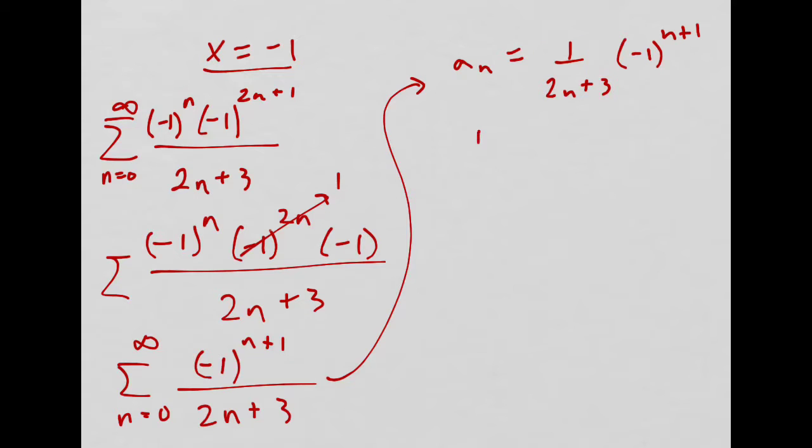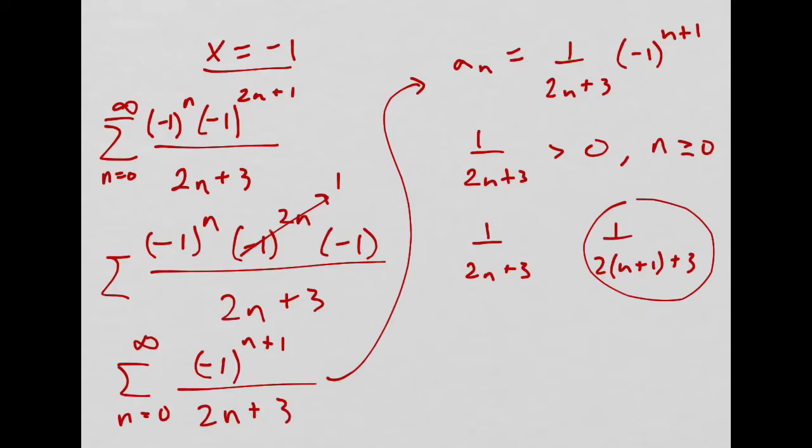And then we can say 1 over 2n plus 3 is positive for n greater than or equal to 0. That works. Great. And then 1 over 2n plus 3. What if I put in 1 over 2n plus 1? This is the next term. Is this one smaller? Of course it is.